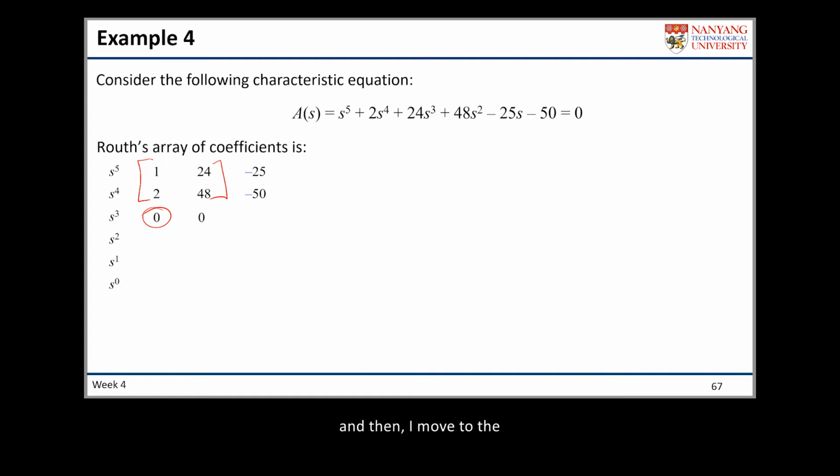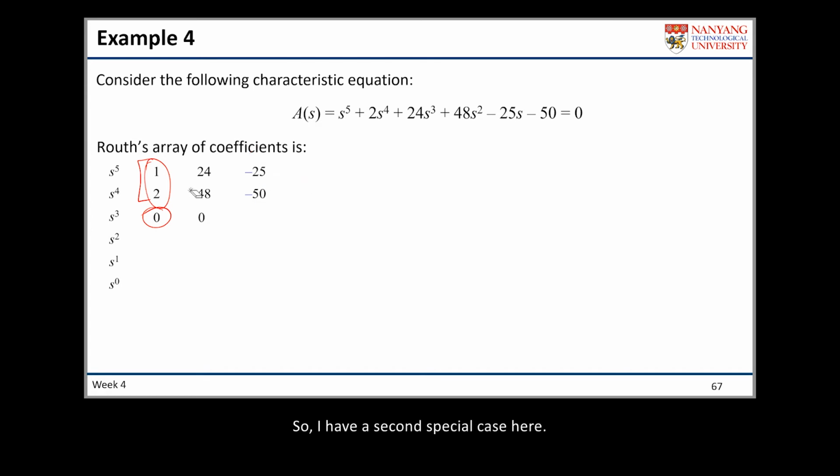And then I move to the next element on this third row. I refer to this matrix: 1, minus 25, 2, minus 50, negative determinant of that matrix divided by 2, the last element on the first column. When I compute it, again I get 0 here.